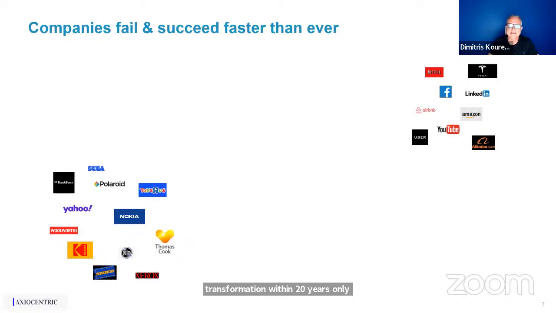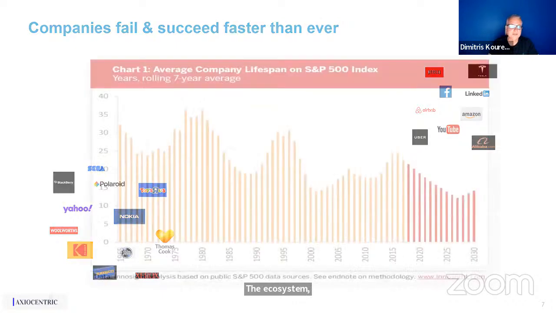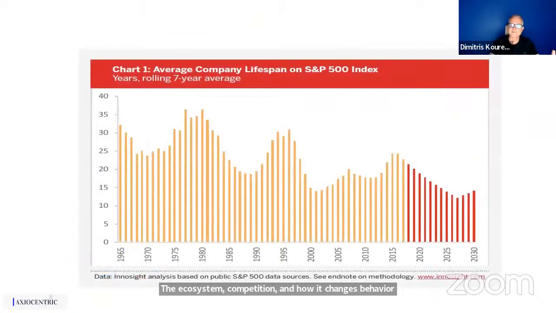So companies fail and succeed faster than ever before because of technology, how technology changes the ecosystem, competition, and how it changes the behavior of people. So this is the problem.